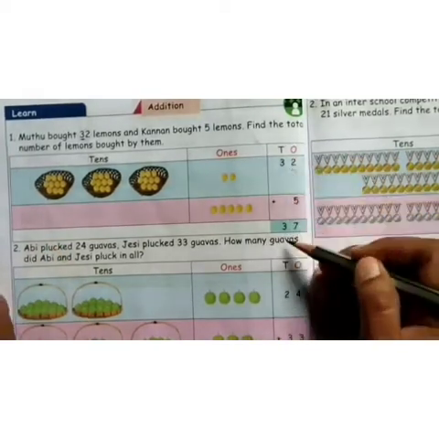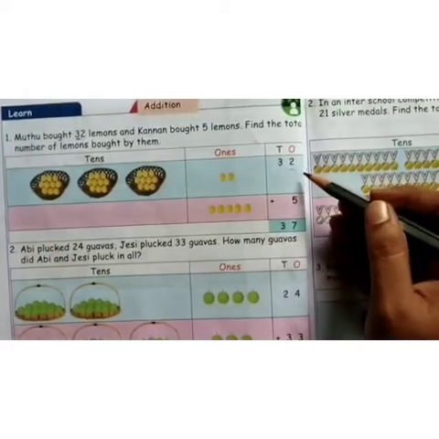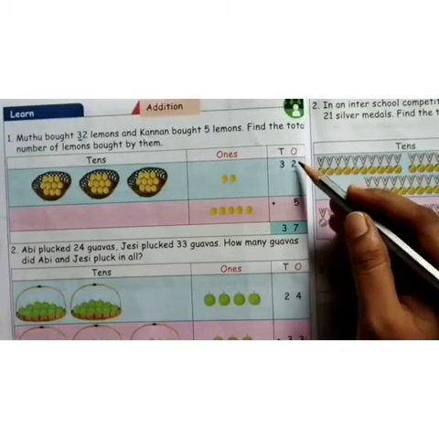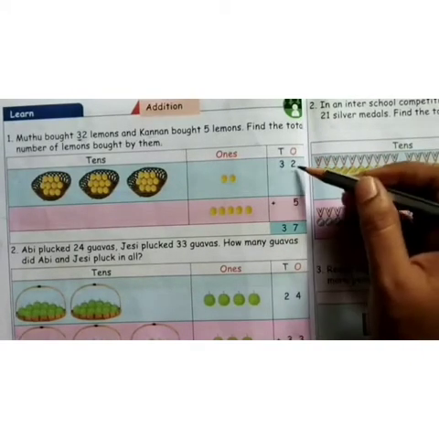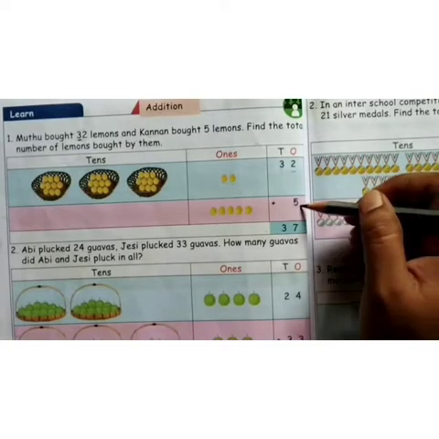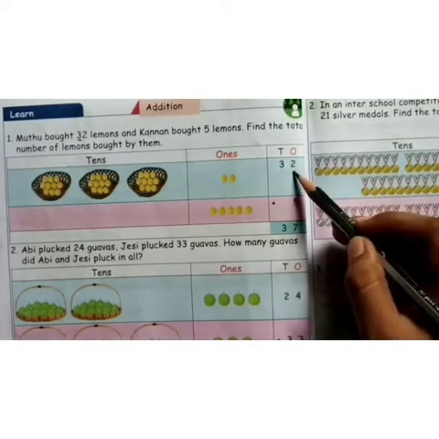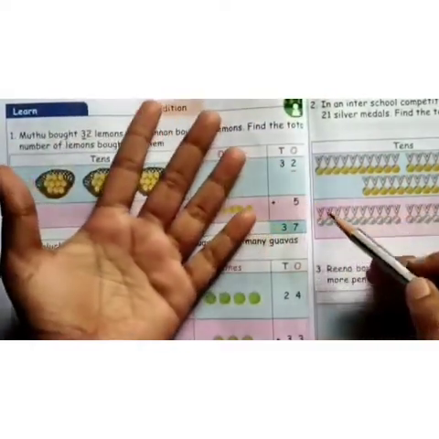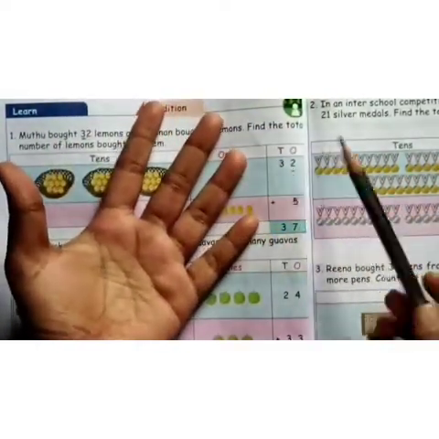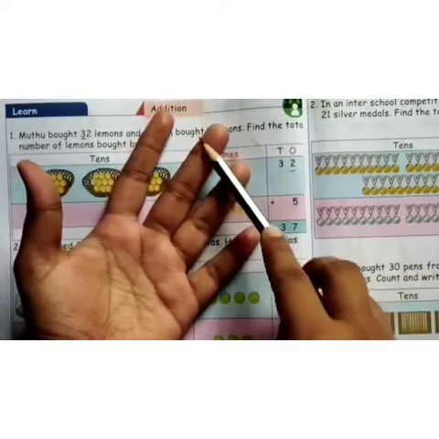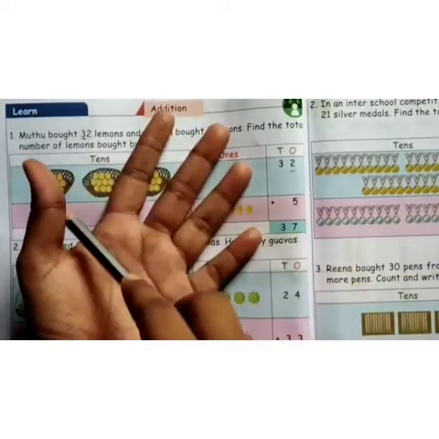Now we have to add the total. When we are adding, we have to start from the ones place. Now we are having 2 and 5. If you add 2 plus 5, what will you get? Keep 2 in mind and keep the 5 on the finger. After 2: 3, 4, 5, 6, 7.